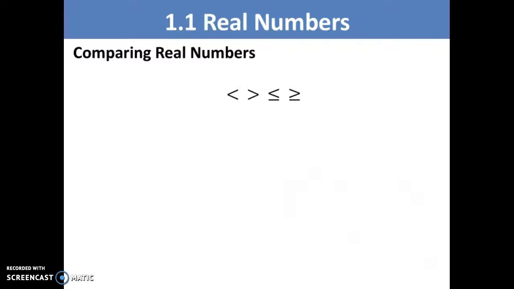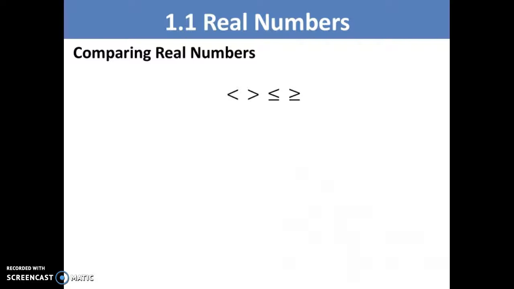Okay, now our next symbol is the greater than symbol. It points at the second number, meaning the first one is the bigger number. The first one is greater than the second one. So for example, 100 is greater than 4. Now our next two symbols are combined symbols.